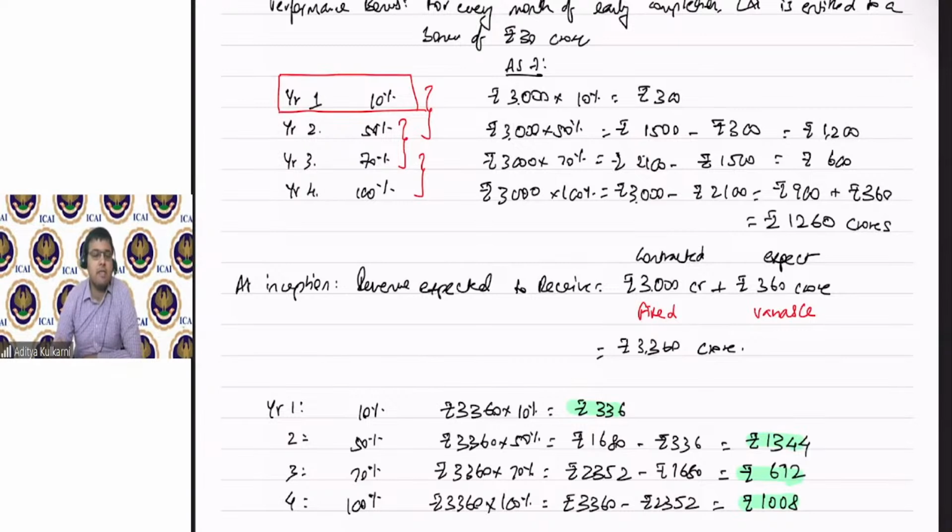Sir, 30% of the work you have completed in year 4. So 30% के हिसाब से you should be booking 3,000 into 30%, that is 900 crores. But your calculation is giving us 1,260 crores. Why this anomaly? Why this difference? Why this mismatch?